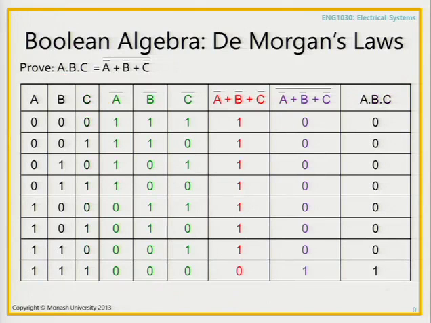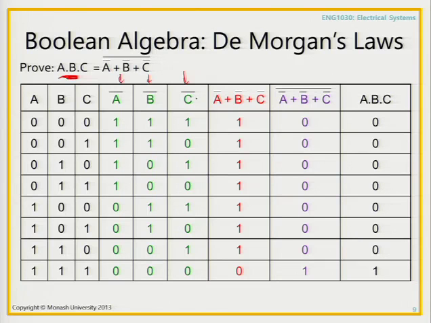Okay, here's De Morgan's laws. These are the interesting ones. So we've got ABC, and we're saying that that's equal to, we invert all the variables, change the gate, and do an inversion of everything. So over here are the inversions of all the variables.